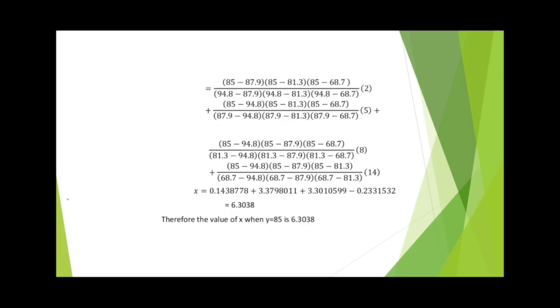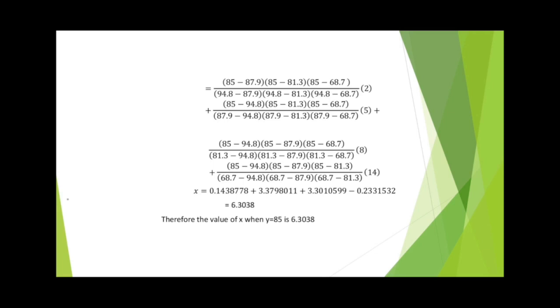Now let us substitute the given values in the inverse Lagrange's interpolation formula. Since the given value is y equal to 85, I replace y with 85 in each term of the formula. Then I substitute the corresponding values of x0, x1, x2, x3 and y0, y1, y2, y3 in their respective positions. As you can see, the formula consists of 4 terms and each term is evaluated separately. After simplifying the first term, the value obtained is 0.1438778.